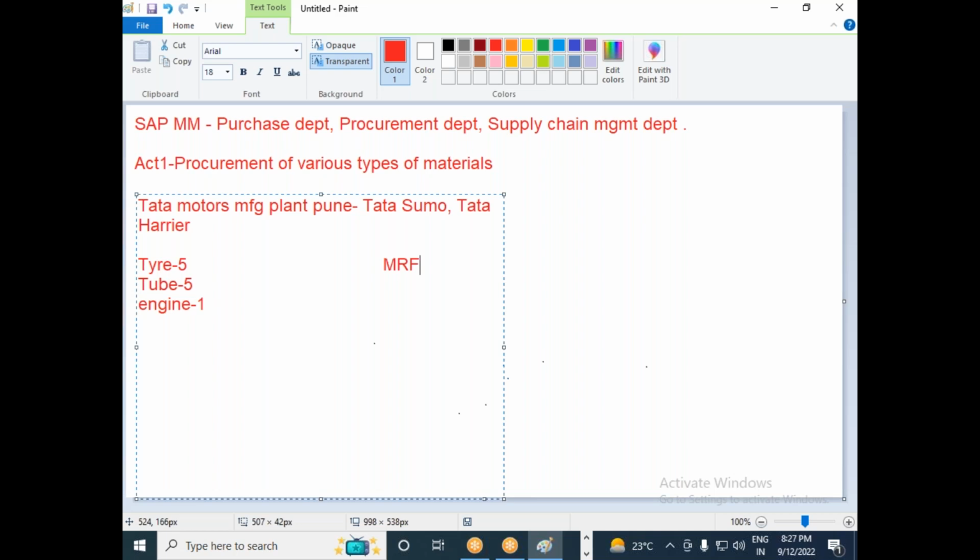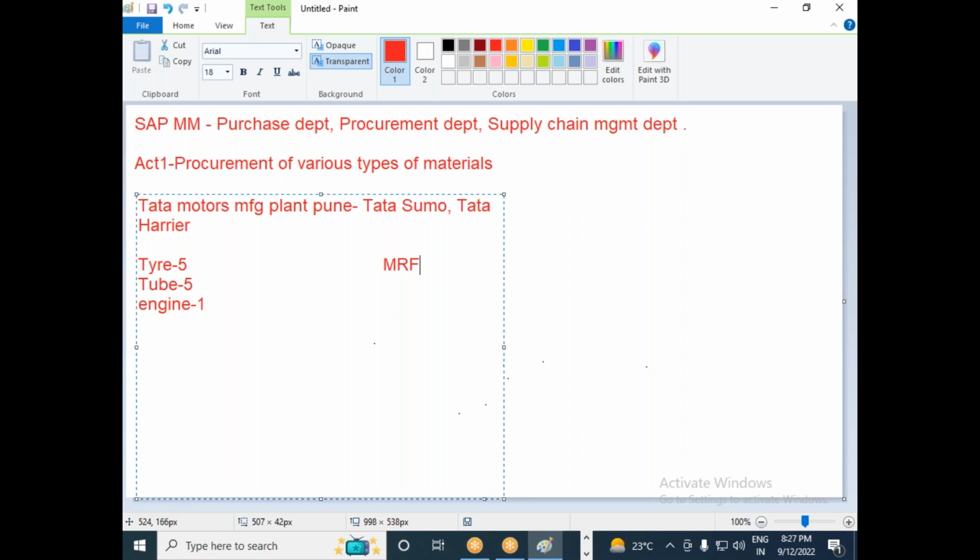They simply need to place an order known as a purchase order or contract upon MRF company for a particular quantity of the tires. Against that particular order, MRF is going to deliver the tires to Tata Motors. Then Tata Motors will utilize those tires in the production processes and produce a car.